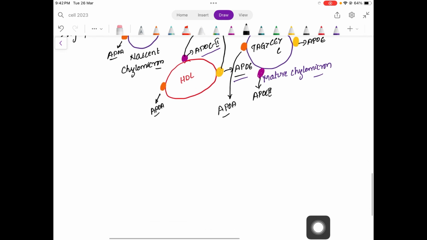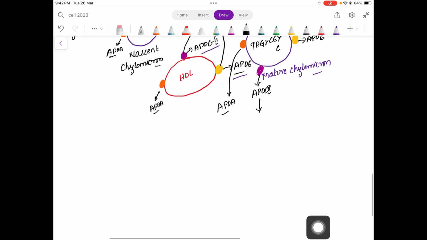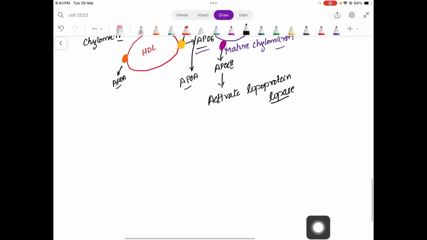Now, what is the function of this ApoC2? It will activate lipoprotein lipase, and this lipoprotein lipase is attached to the endothelium by heparan sulfate.